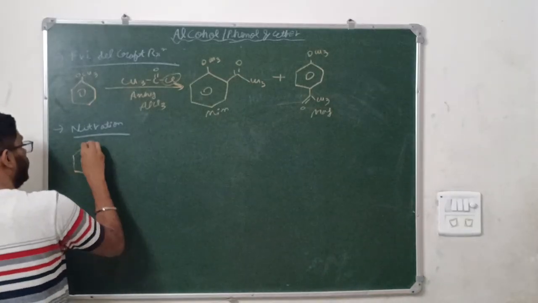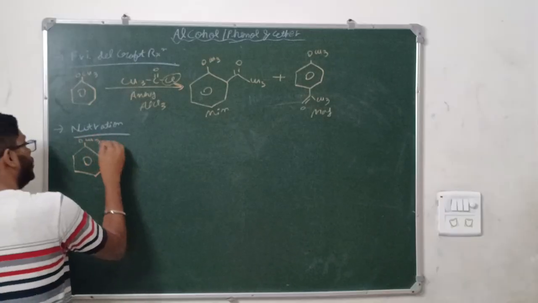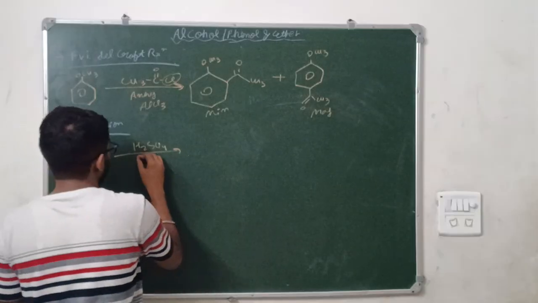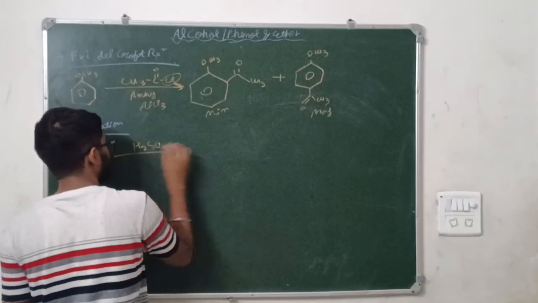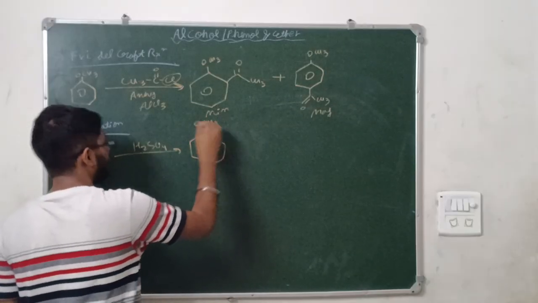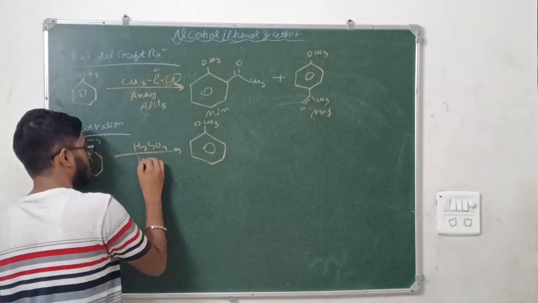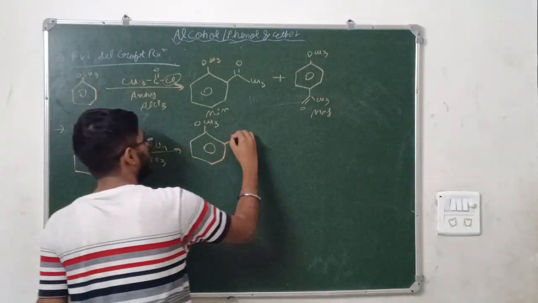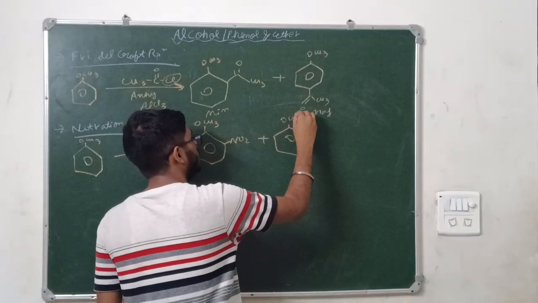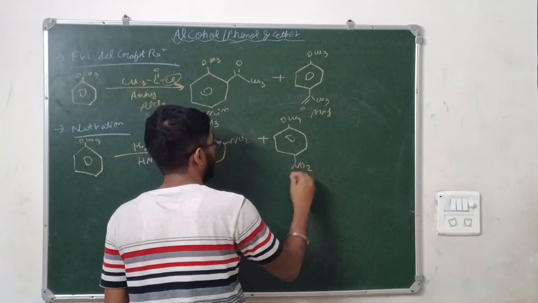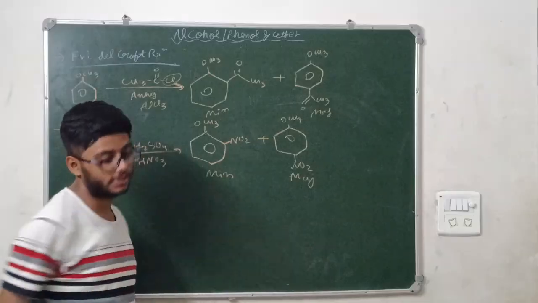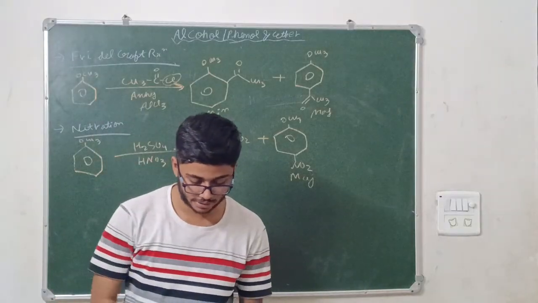If you took this anisole and reacted it with H2SO4 and HNO3, this will make OCH3 with NO2 at ortho and NO2 at para. This is major and this is minor. This was the last reaction of this topic.